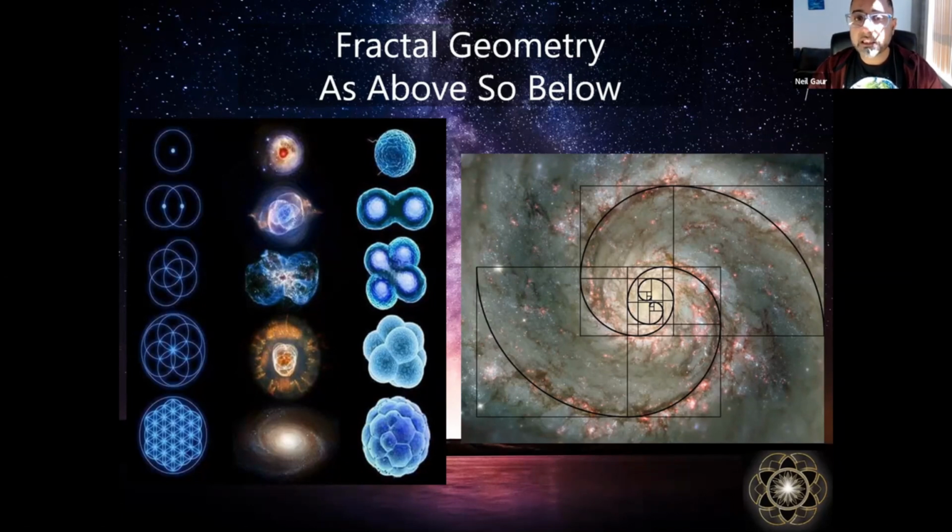So what is actually occurring on the grand scale, on the macro scale in the universe through the creation of galaxies and nebulae, is the same thing that is happening on the micro level within our own bodies and how all physical matter is being created. But the part that I'm really excited about is that this sacred geometry has been utilized by ancient civilizations for years.